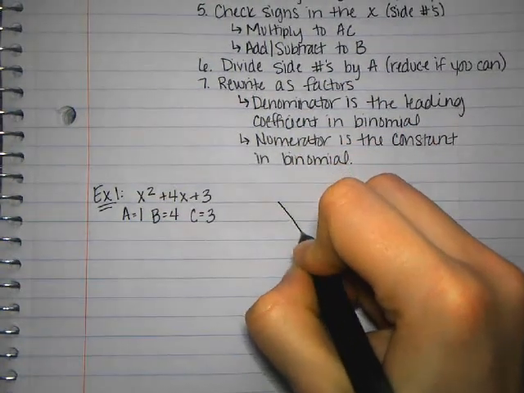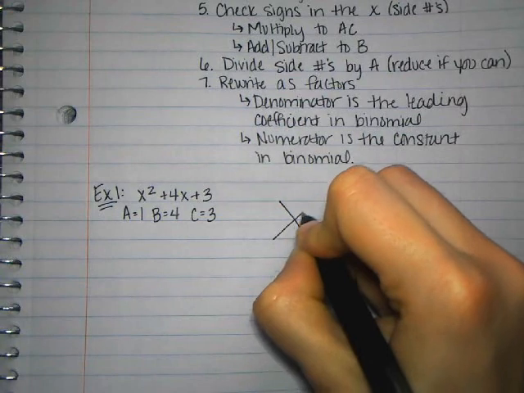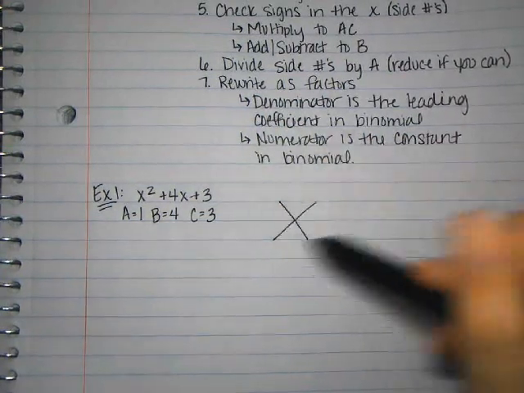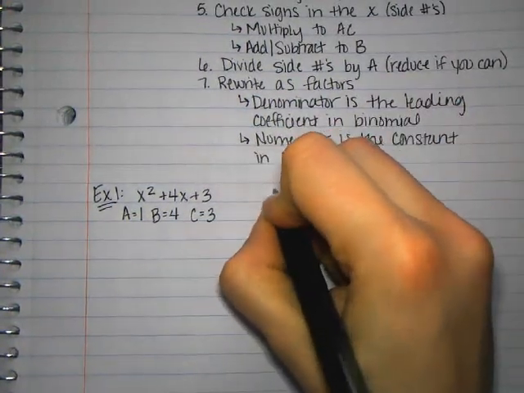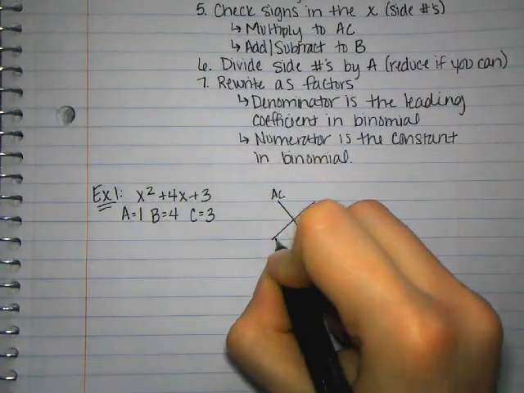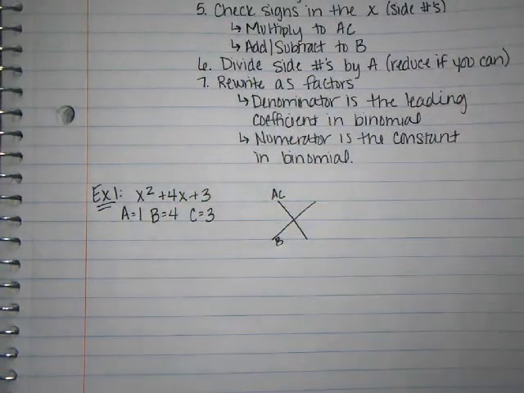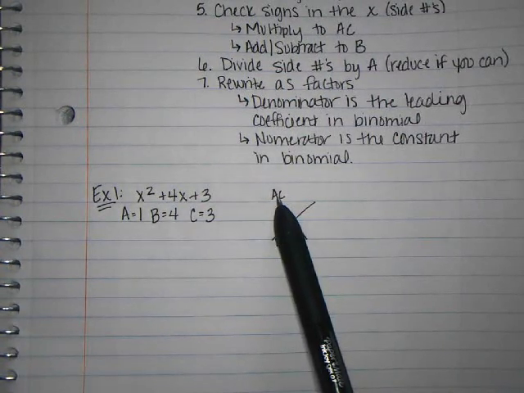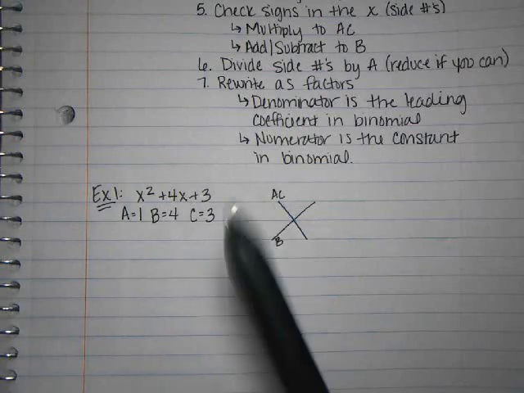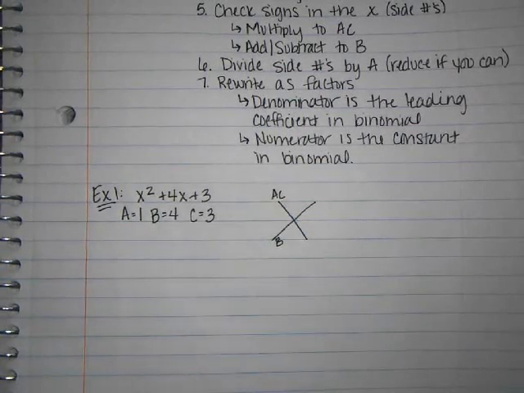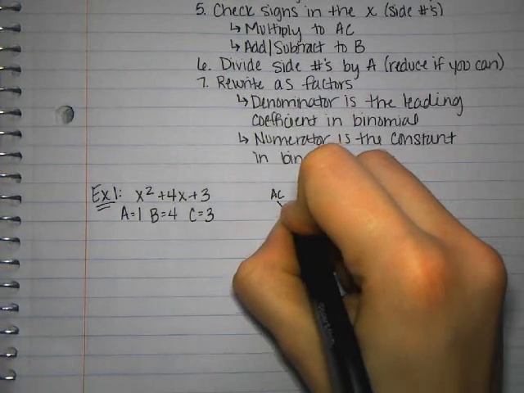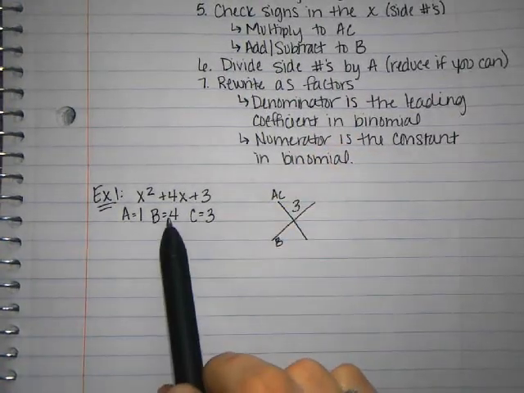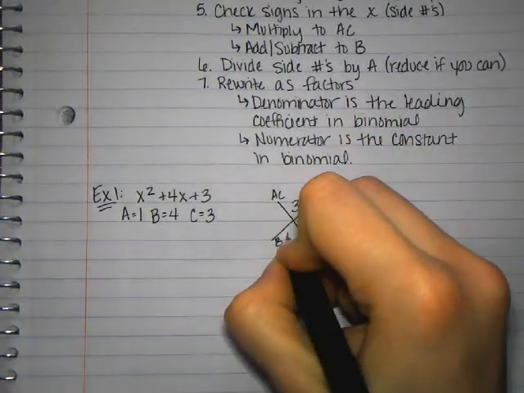Now we will draw our x, so it'll all make sense where our numbers will go. A times c goes above, b goes below, like stated in the steps. This is a times c, so let's fill that out. That is what step number 3 is saying. So a times c is 3, 1 times 3 is 3, and b is 4.